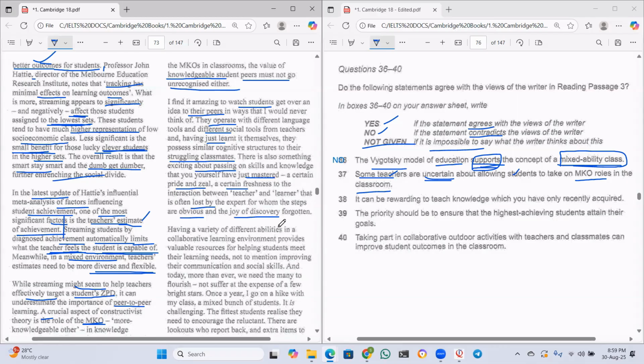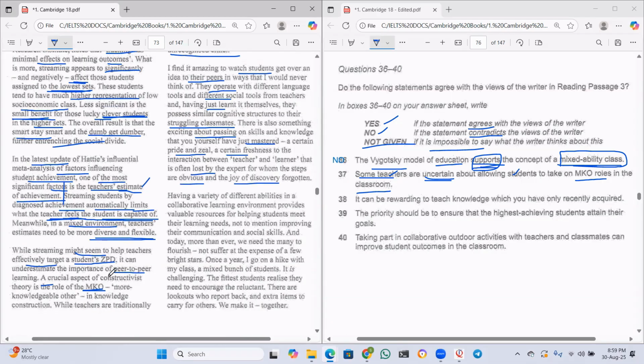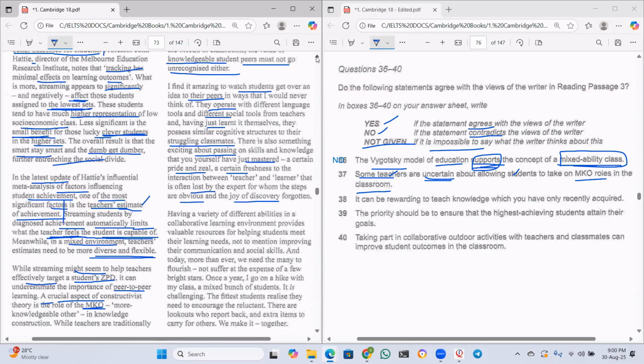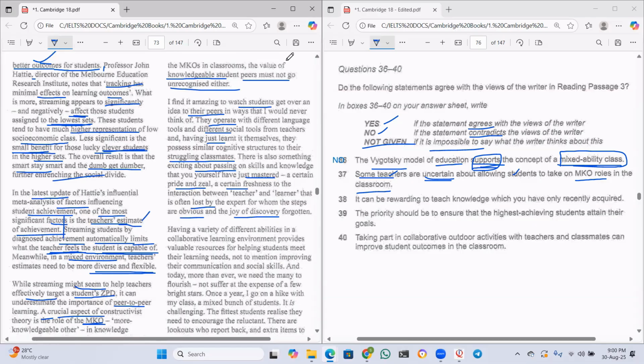Okay. So I think here also he did not talk about teachers allowing students who are uncertain. He's talking about some teachers who are uncertain, right? So in this paragraph also, the crucial aspect of constructivism is the role of the MKO in knowledge construction. While teachers are traditionally the MKOs in classrooms, the value of knowledgeable student peers must not go unrecognized.